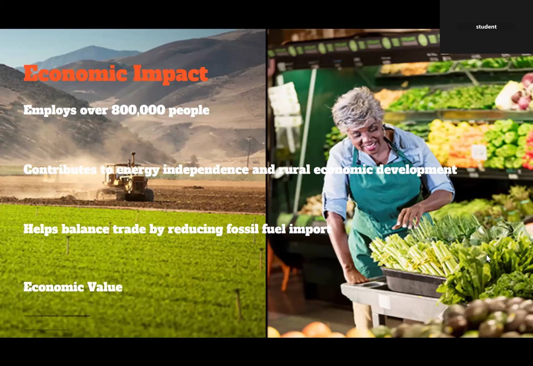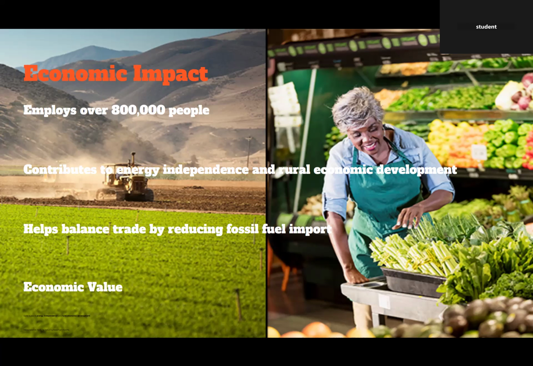Economic impacts. So, sugarcane ethanol is widely grown, mostly in Brazil. And in Brazil, it has by itself employed over 800,000 people. Not only that, it also contributes to energy independence and rural economic development.